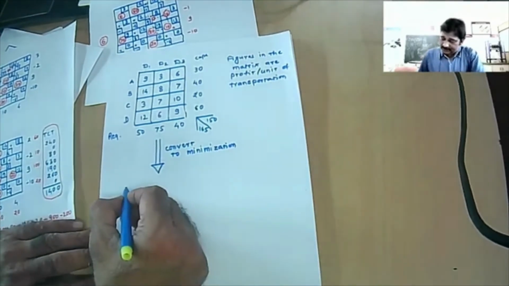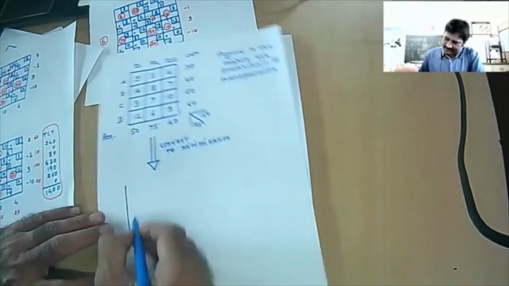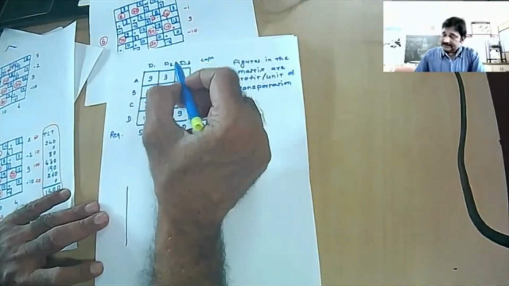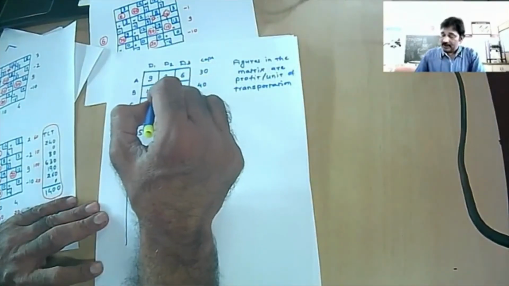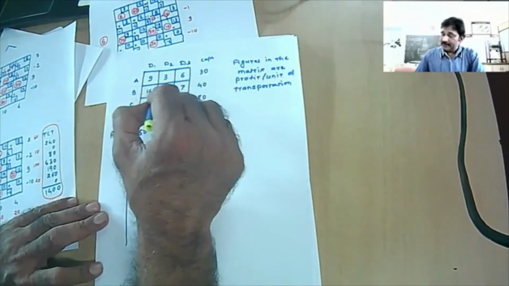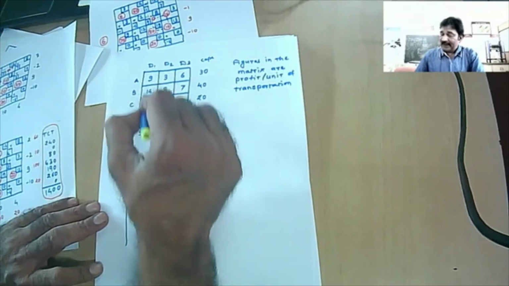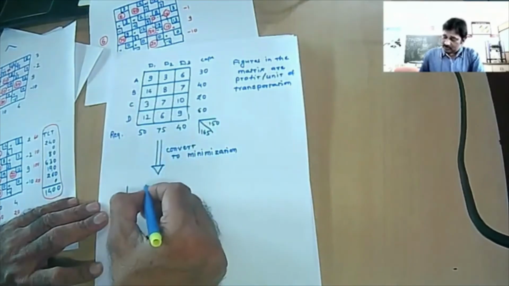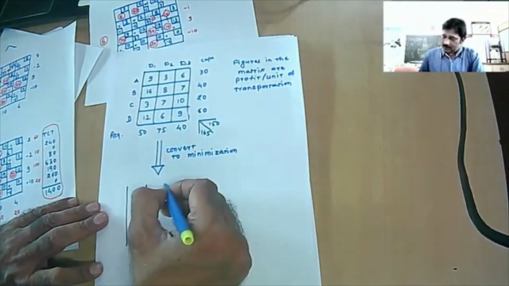So how do we convert that to minimization? It is simply ensuring that there should be more probability of having allocation at higher values, because those values are profit now.